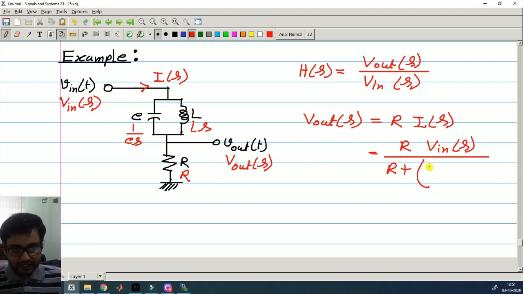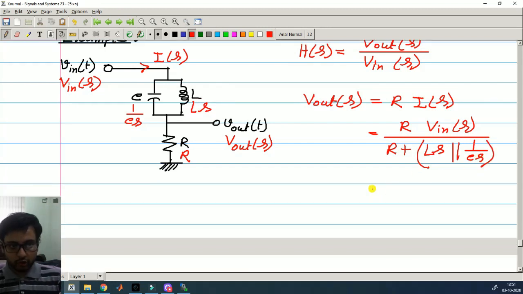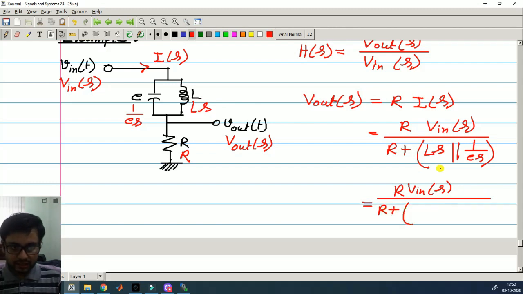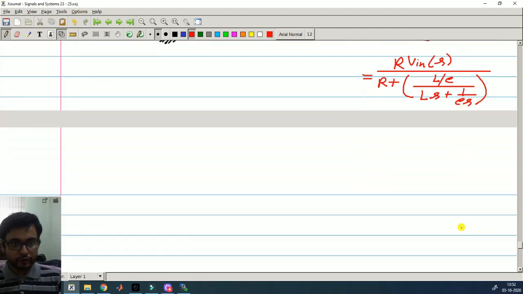So R plus Ls parallel 1 by Cs. Okay, so that is equal to R V in(s) divided by R plus the product of these two, that is L by C, divided by the sum of these two, Ls plus 1 by Cs. Now you have to simplify it.